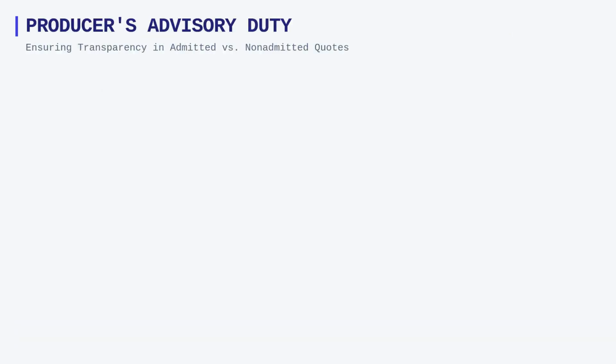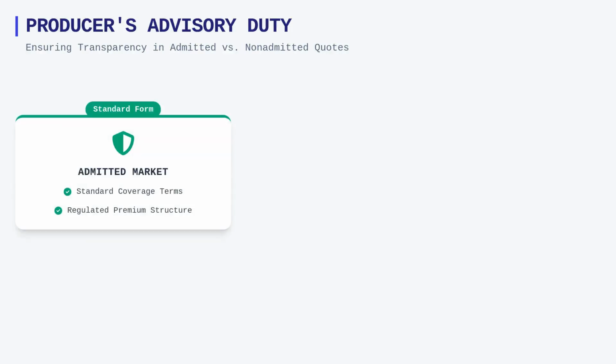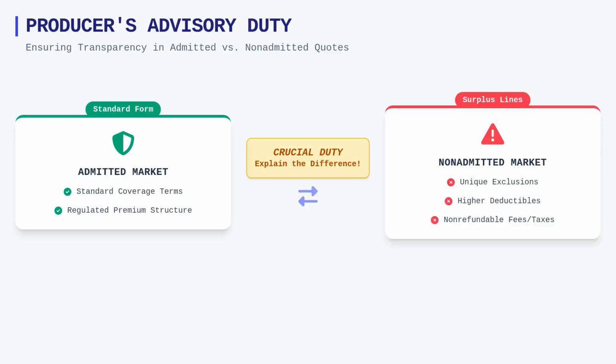As a producer, your advisory duty extends beyond handing over a standard form. You have an obligation to explain the differences in premium and coverage terms when comparing a non-admitted quote to any available admitted options. Surplus lines policies often contain unique exclusions, higher deductibles, or restrictive conditions that do not exist in standard admitted forms.